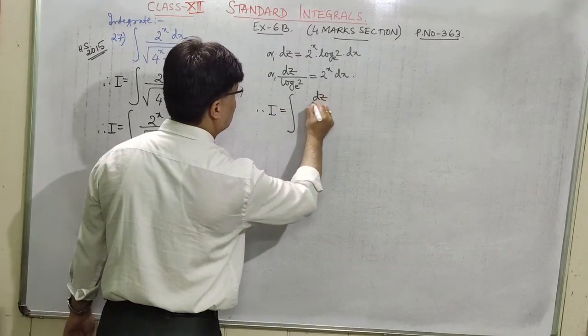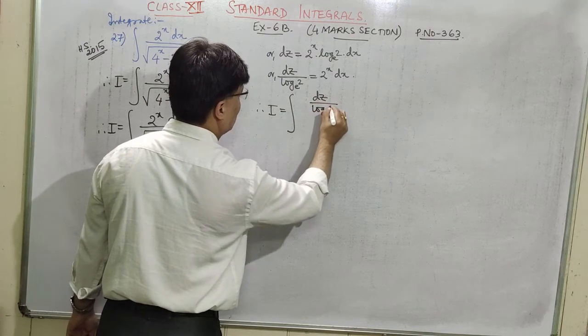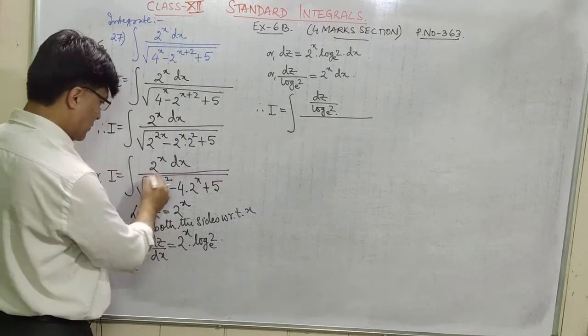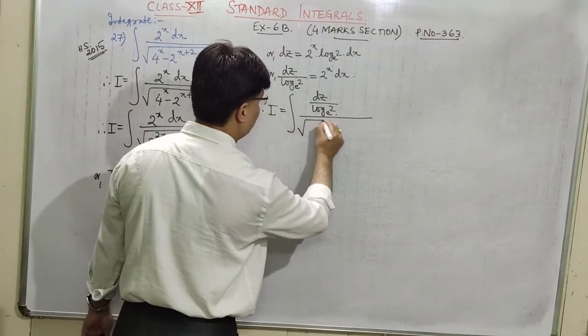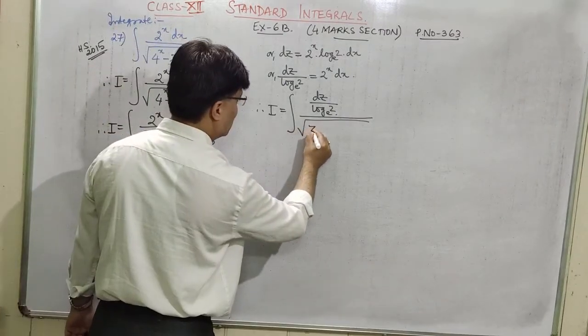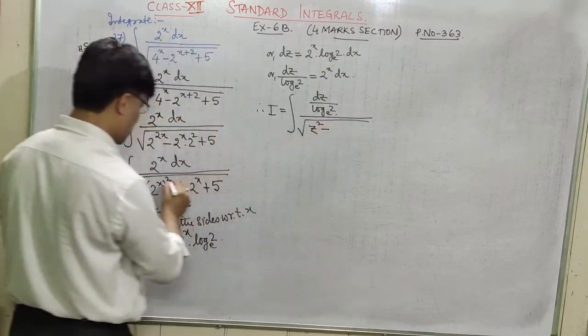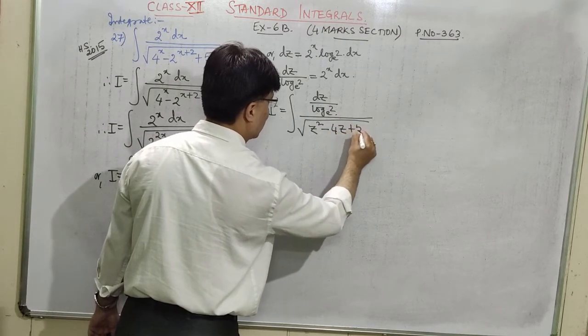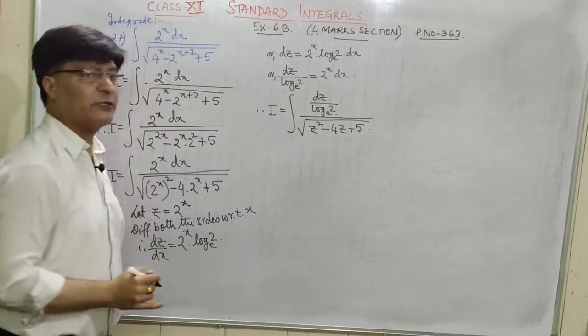It is dz divided by log 2 base e. This whole divided by, within a square root we have here z whole square. 2x whole square means z square minus, this is 4z, and this is plus 5.